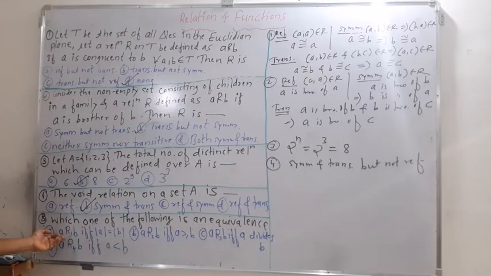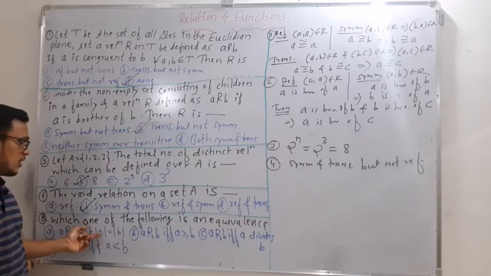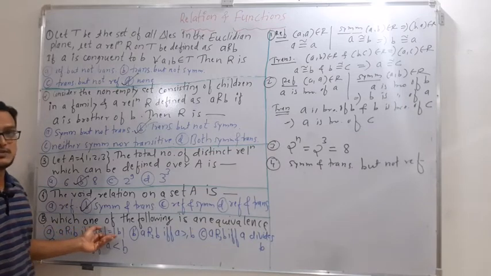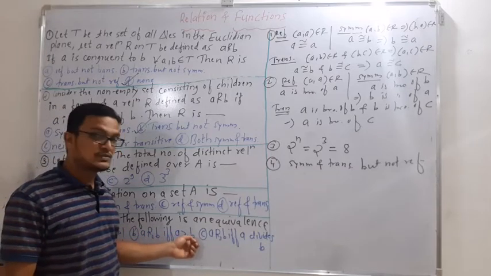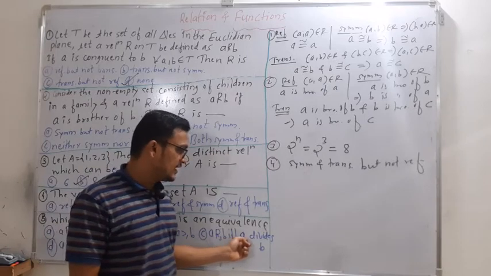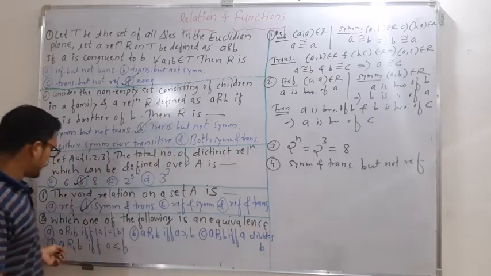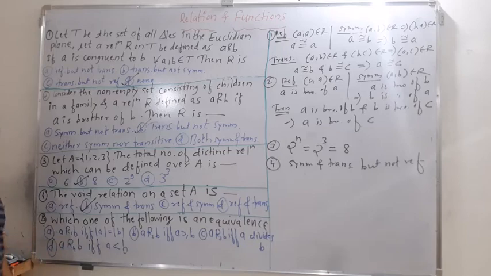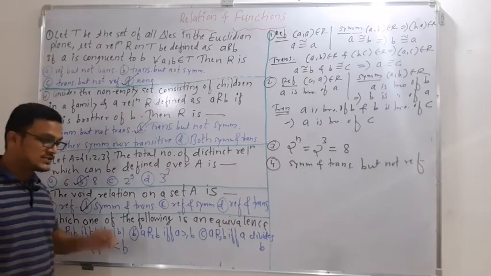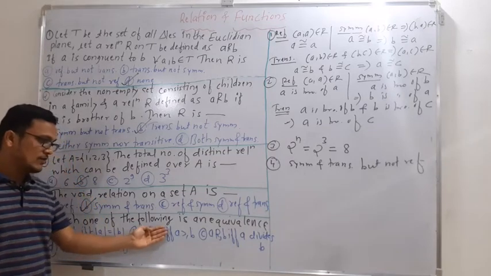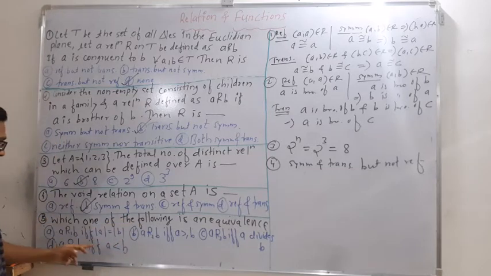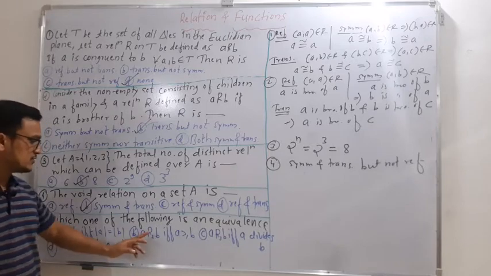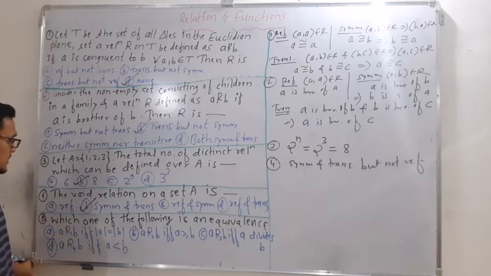In the R1 relation, the definition is modulus of A equals modulus of B. Option B, A is greater than or equal to B. Option C, A divides B. And option D, A is less than B. Okay, as you have solved some of the questions in the theory exam, for greater than and less than, it is not an equivalence relation. So just skip these two options now. Now we are left with option A and option C.